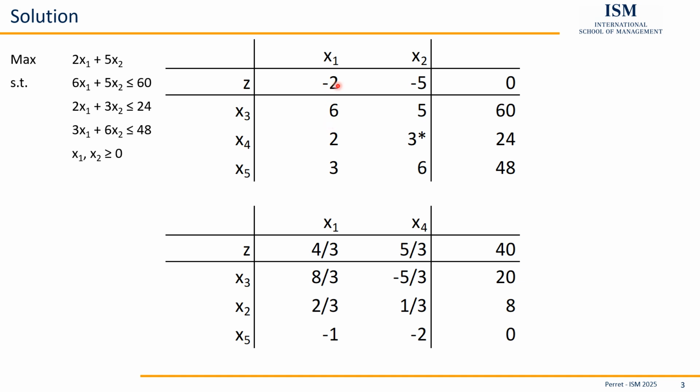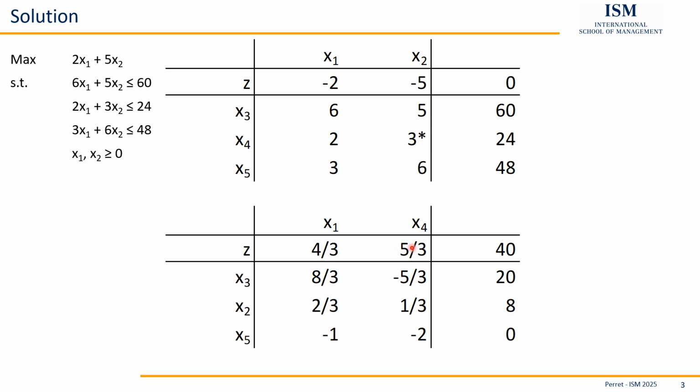Then I'm going to calculate the original element minus these two multiplied, divided by the pivot element. So in this particular case, -2 minus 2 times -5 divided by 3. Well, minus gives plus, so -2 plus 10/3, which will in the end result to 4/3.